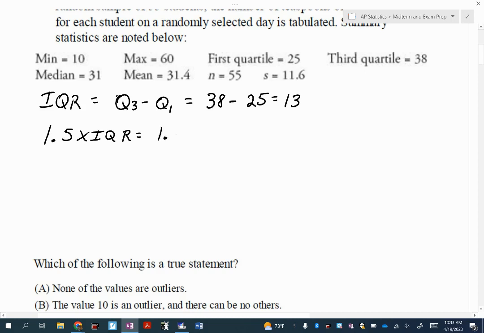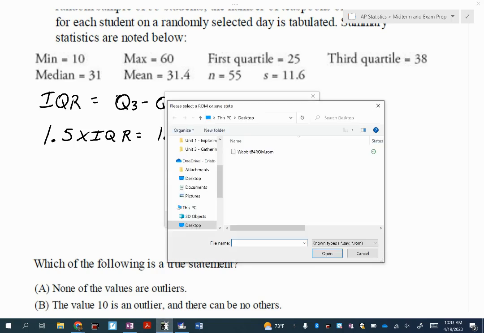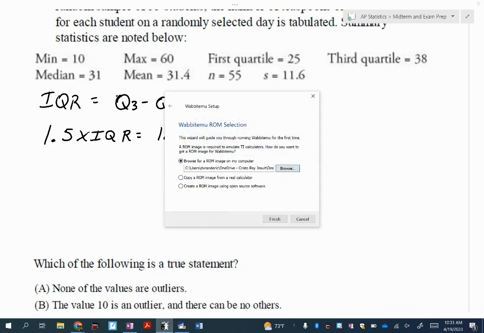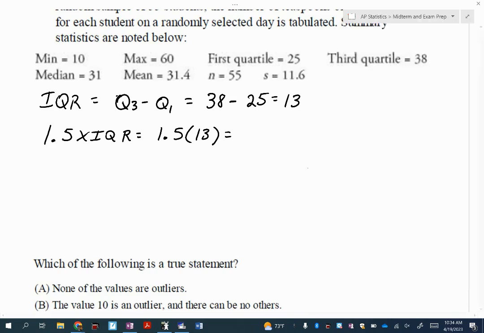So this is 1.5 times 13. All right. We are going to need our calculator later on. All right. So I'm doing 1.5 times 13. 19.5 is this number.